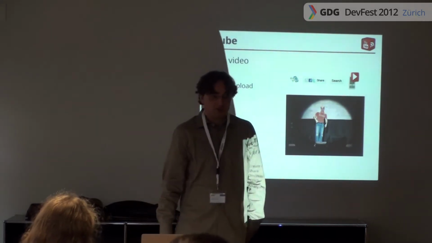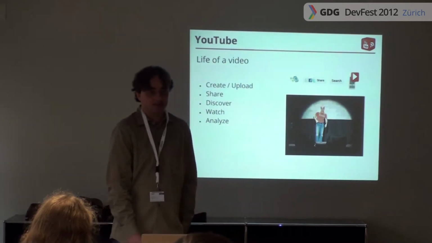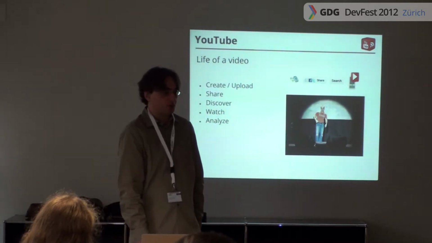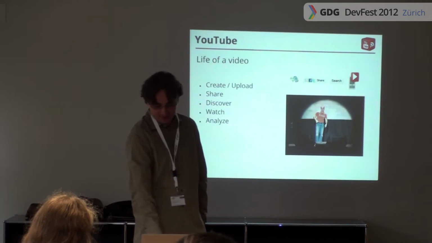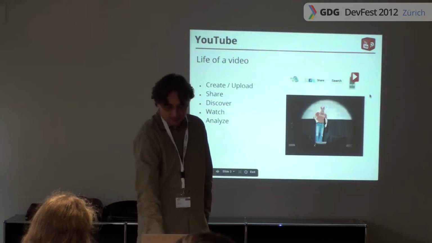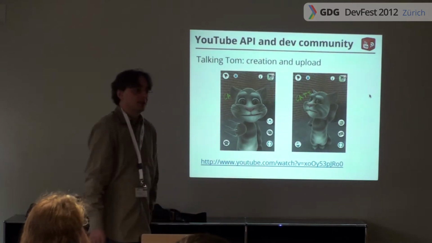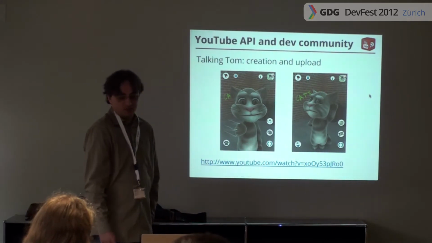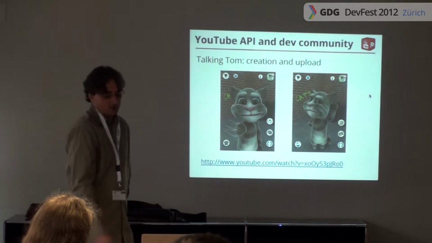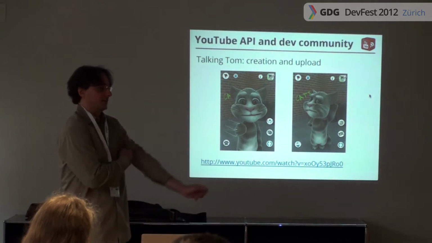Then people need to watch it, and then you can analyze the success: how many people watched, in which countries, and so on. We've got APIs that cover all these stages, and there are also implications of doing that. So I'm just going to summarize a few that are interesting.